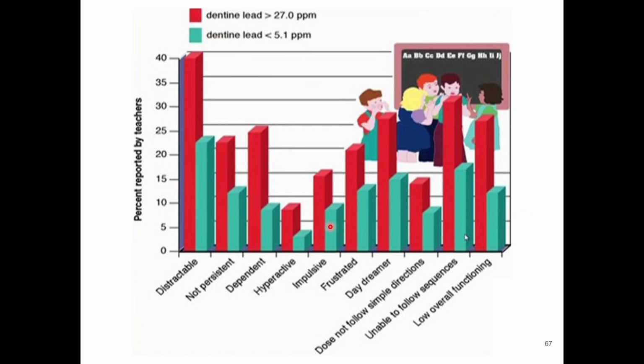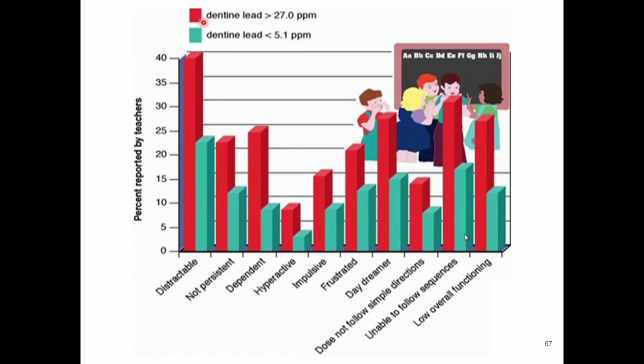So it is seen that almost every behavior, such as distraction, non-persistence, dependence, hyperactiveness, impulsiveness, frustration, daydreaminess, not following simple directions, inability to follow sequences, and low overall functioning, is affected. So every characteristic is negative.